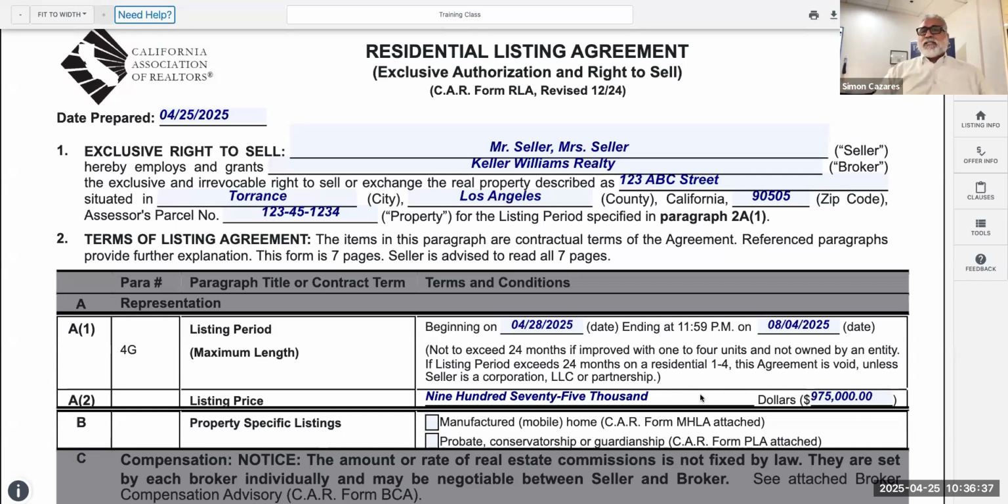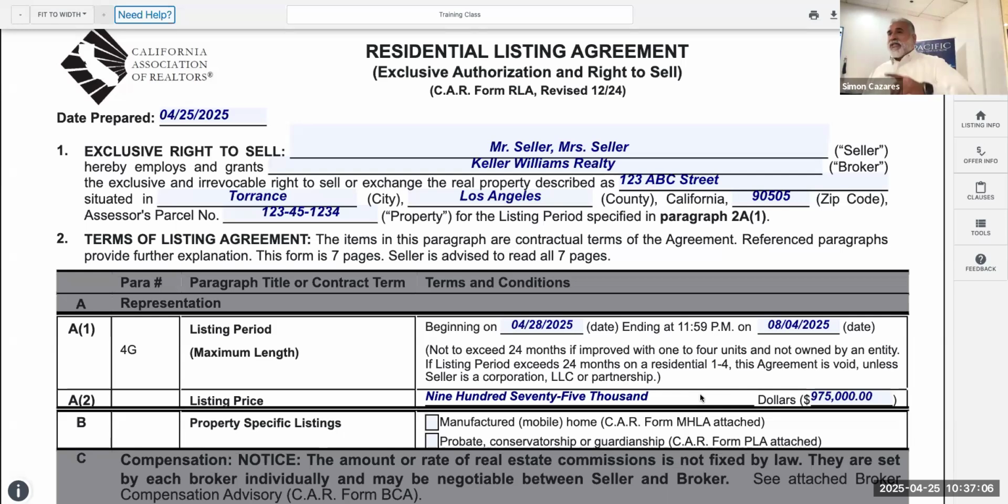This is an exclusive right to sell, meaning that whoever brings a qualified, ready, willing, and able buyer, you're still going to get compensated. So if the seller brings a buyer, if the neighbor brings a buyer, it doesn't matter. You're still secure to get a compensation. Now, with all of the changes that happened last year, nothing on the new listing agreement emphasizes cooperating compensation to any buyer broker.